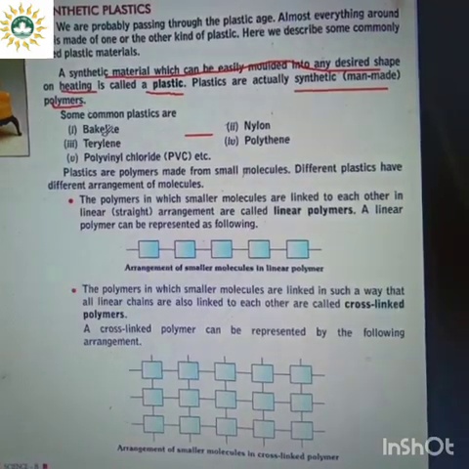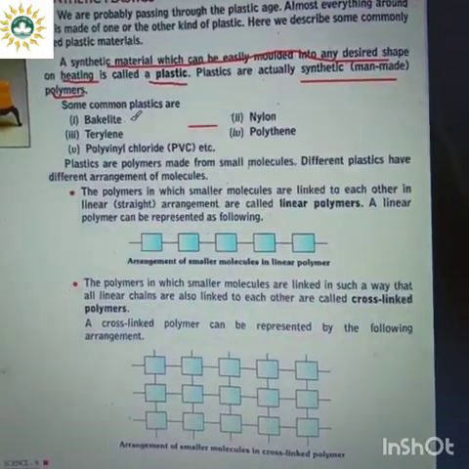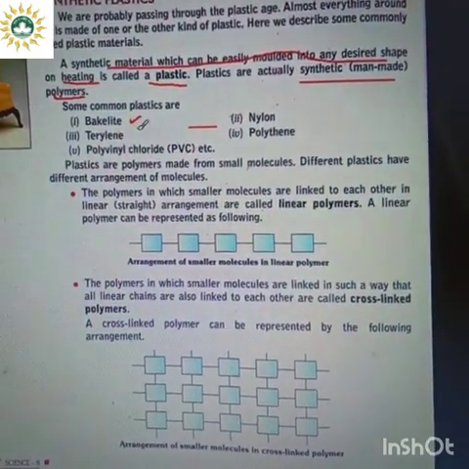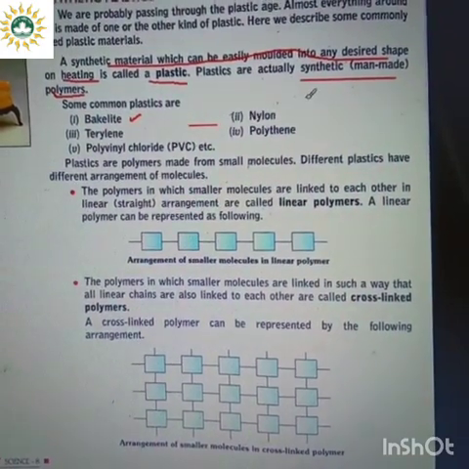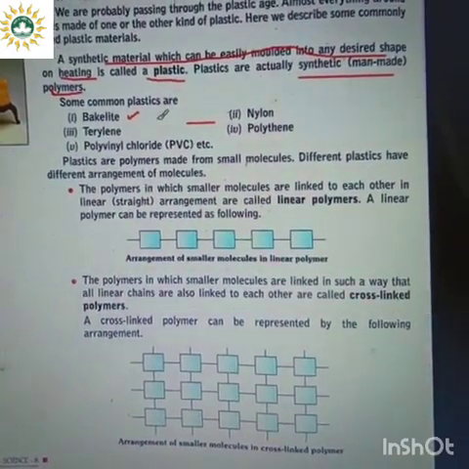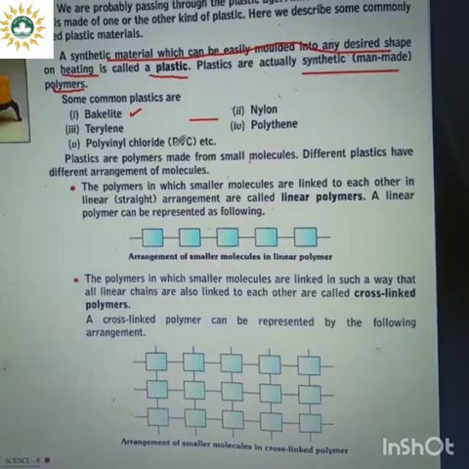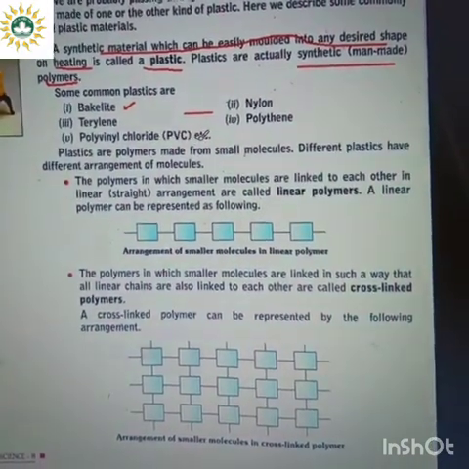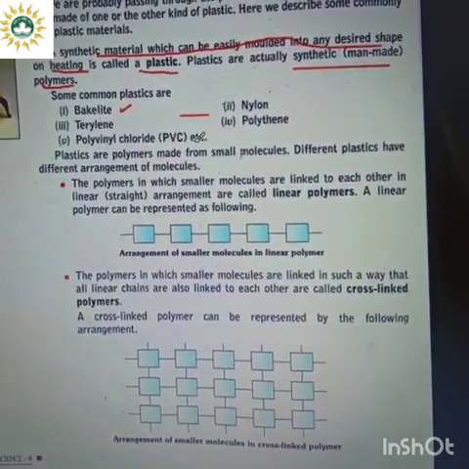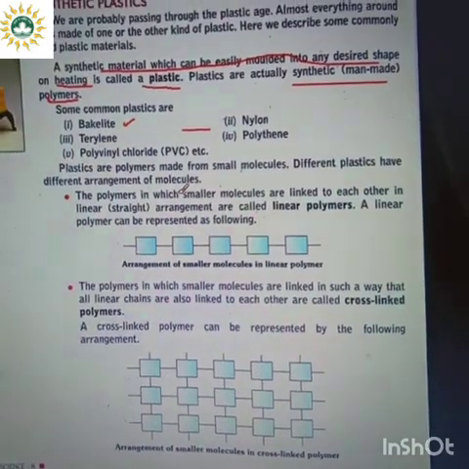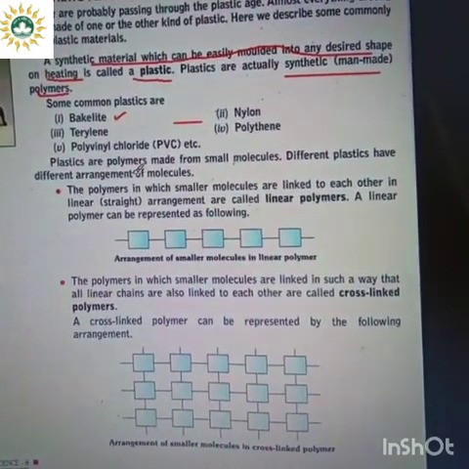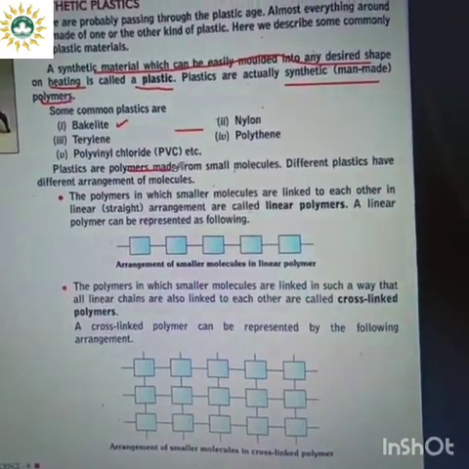And some common plastics which we are going to study are bakelite, then there is nylon, then there is terylene and polythene and polyvinyl chloride, that is PVC. So these are some common plastics which we are going to study today. Also, plastics are polymers, which are made from small molecules.